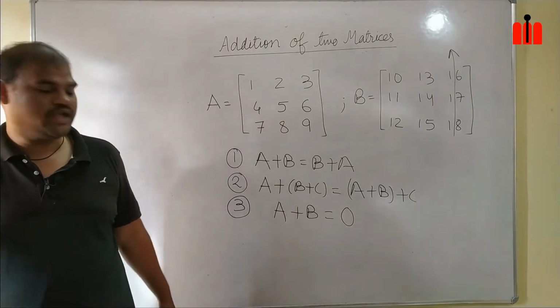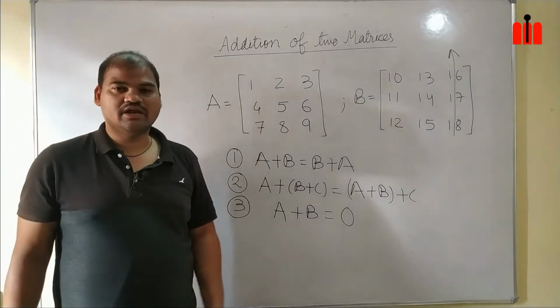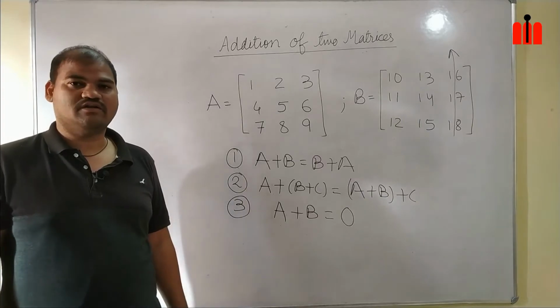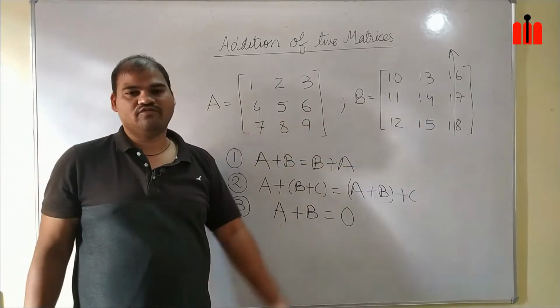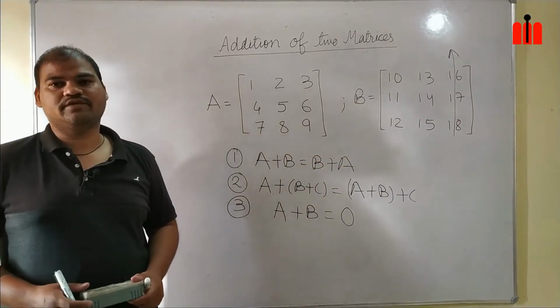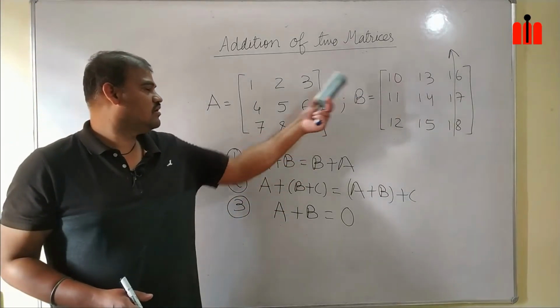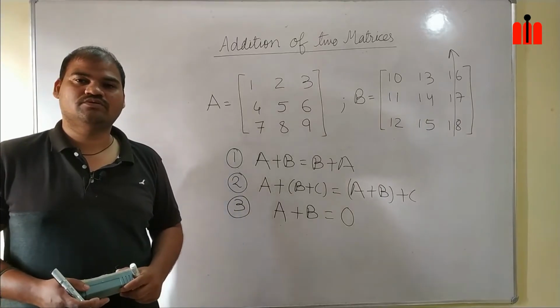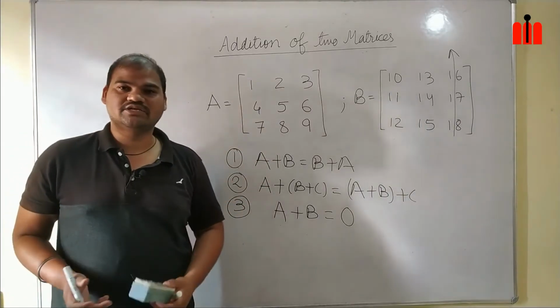Understood this? Okay. Suppose here A's first element, A11, is 1. If B11 were -1, then 1 minus 1 will become 0. So my first element is 0.